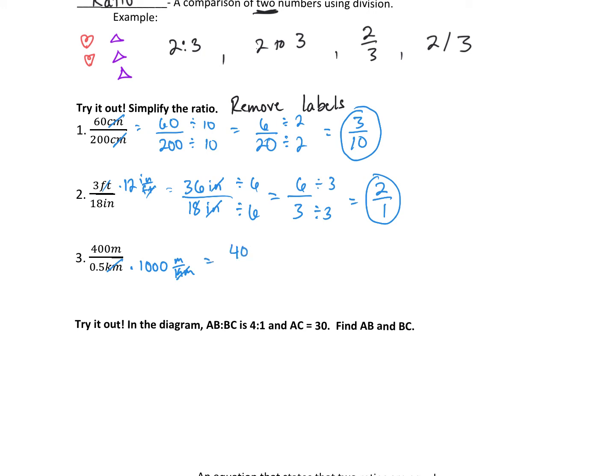This simplifies to 400 meters over 0.5 times 1,000, which is 500 meters. I can take out the meters, divide both the numerator and the denominator by 100, get rid of those zeros, and I got 4 over 5.